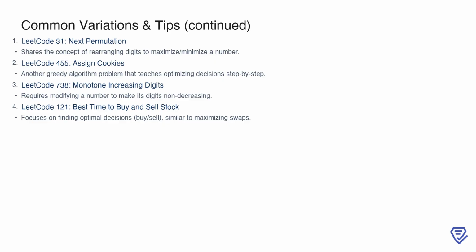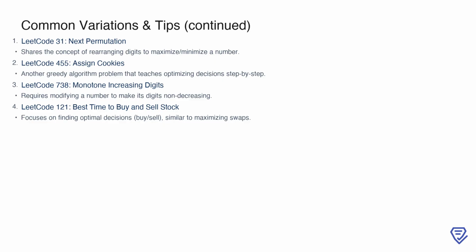The concepts in maximum swap are closely related to other problems on LeetCode. For instance, LeetCode 31, next permutation, involves rearranging digits to achieve the next lexicographical order, which is similar to maximizing or minimizing a number. LeetCode 455, assign cookies, is another greedy algorithm problem where you optimize decisions step by step, much like deciding which digits to swap.